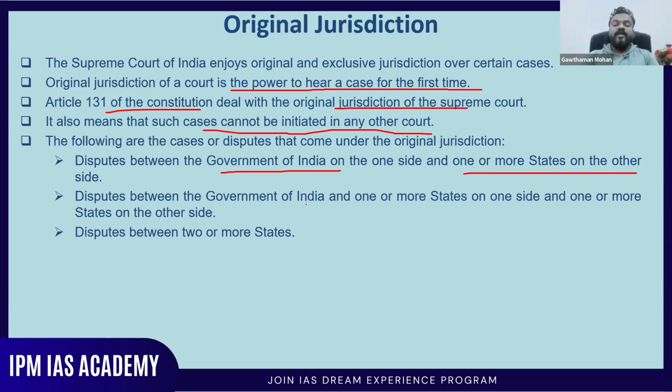Then disputes between the Government of India and one or more states on one side and one or more states on the other side. Same. Then disputes between two or more states. In all these cases, the case should first come to the Supreme Court. Only the Supreme Court has the original jurisdiction over these types of cases.